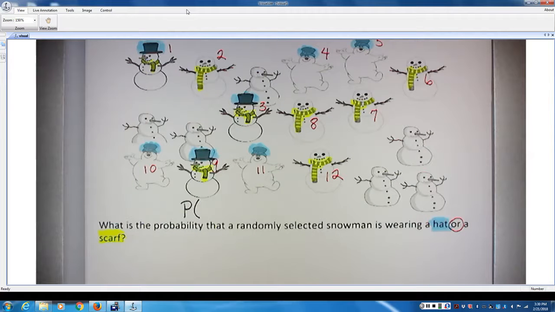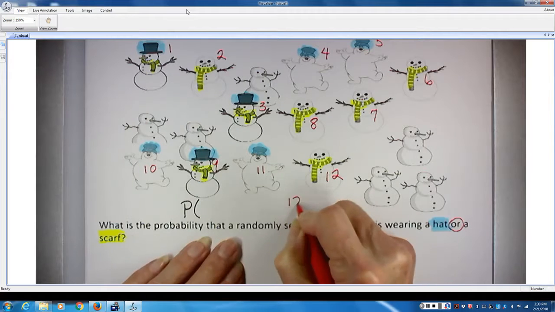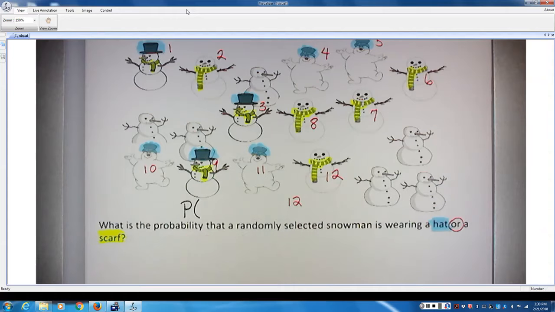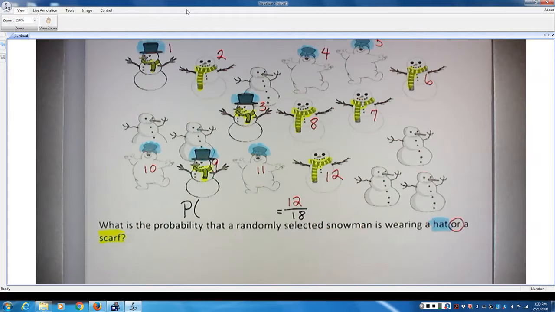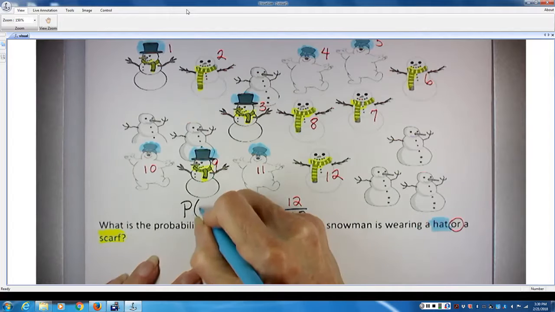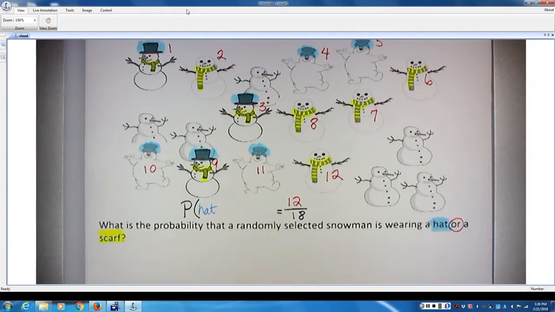So that's 12 snowmen that I counted out of the total of 18 snowmen that were wearing either a hat or a scarf.